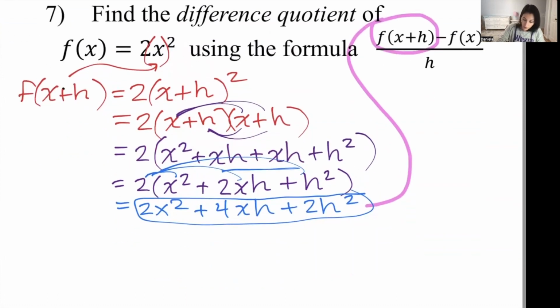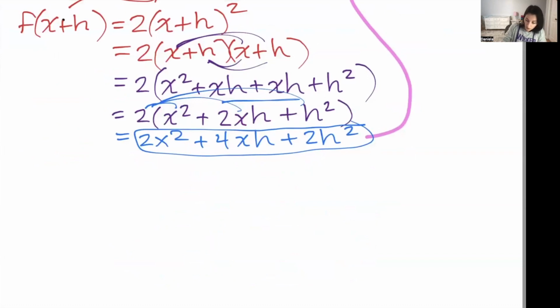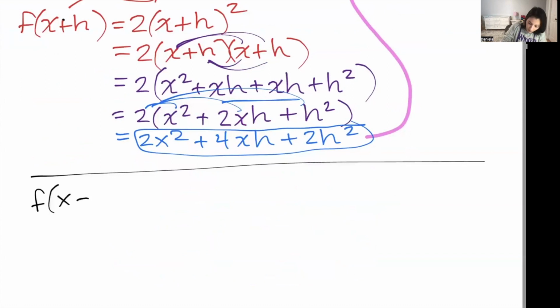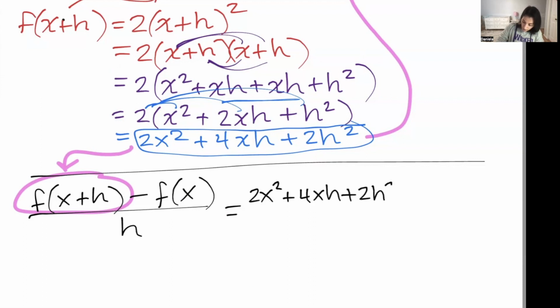So I'm just going to copy down the difference quotient: f of x plus h minus f of x all over h. f of x plus h, we are going to substitute in there because we just found out what it was equal to. So we got 2x squared plus 4xh plus 2h squared. So this was the substitution that we made.